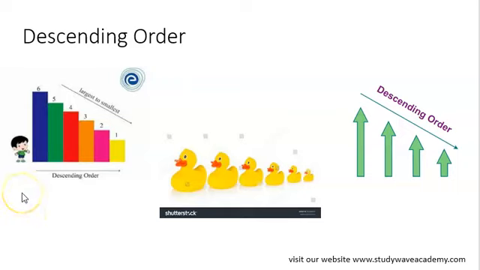What do we mean by descending order? It's going from the biggest to the smallest. Descending order is arranging numbers from the biggest to the smallest.